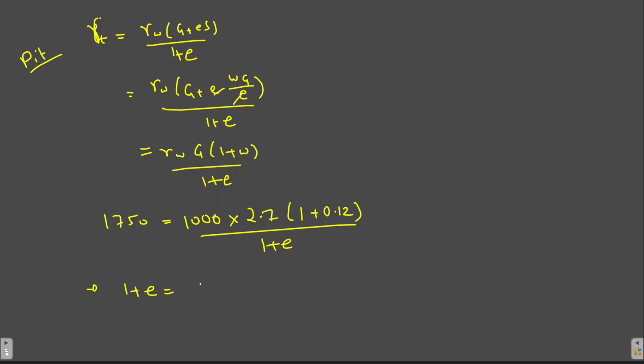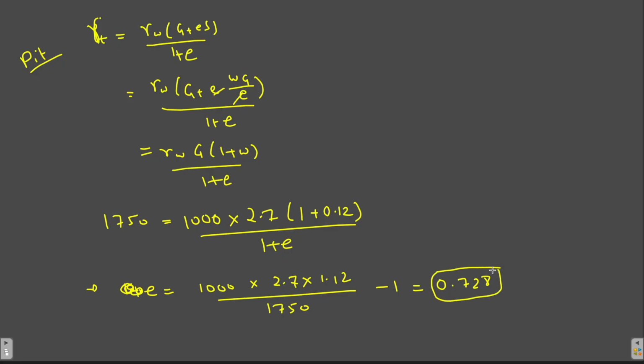You just multiply them, 1000, then 2.7 into 1.12 by 1750, and then for E you just subtract 1 from this side and you'll get the value of E. Let me just calculate this and write the answer for you. So I am getting the answer as 0.728. This is for pit.